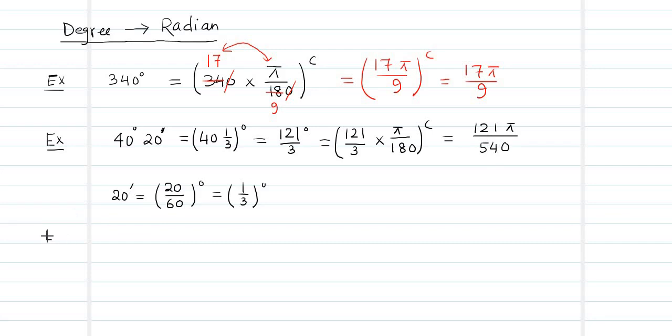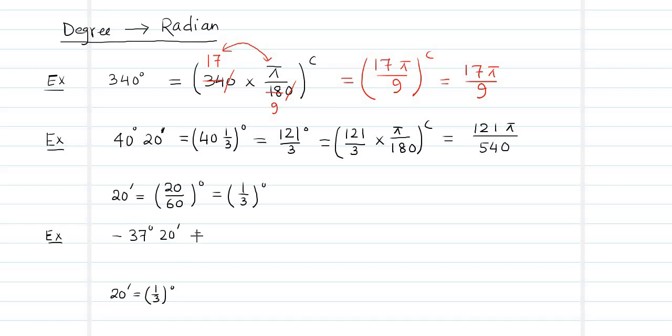And the last example, let us consider. Suppose minus 37 degree and 20 minute. So as before, 20 minute is equal to 1 by 3 degree.